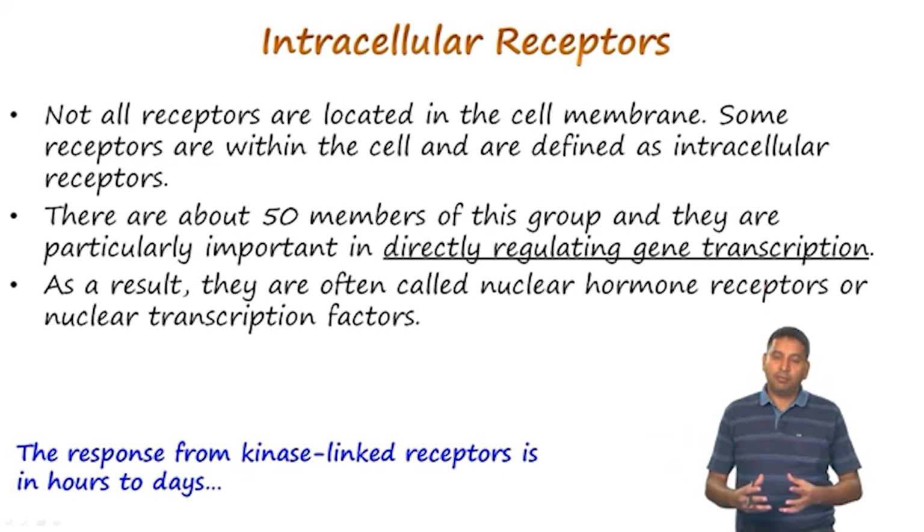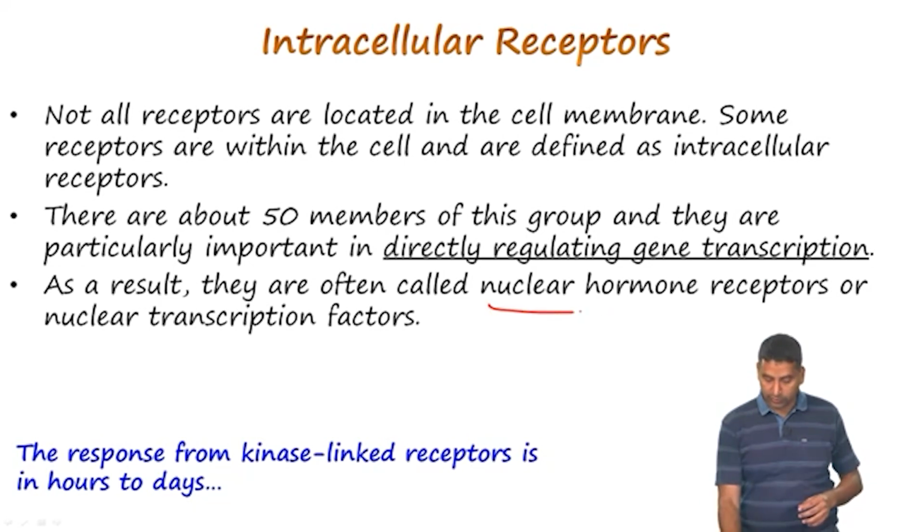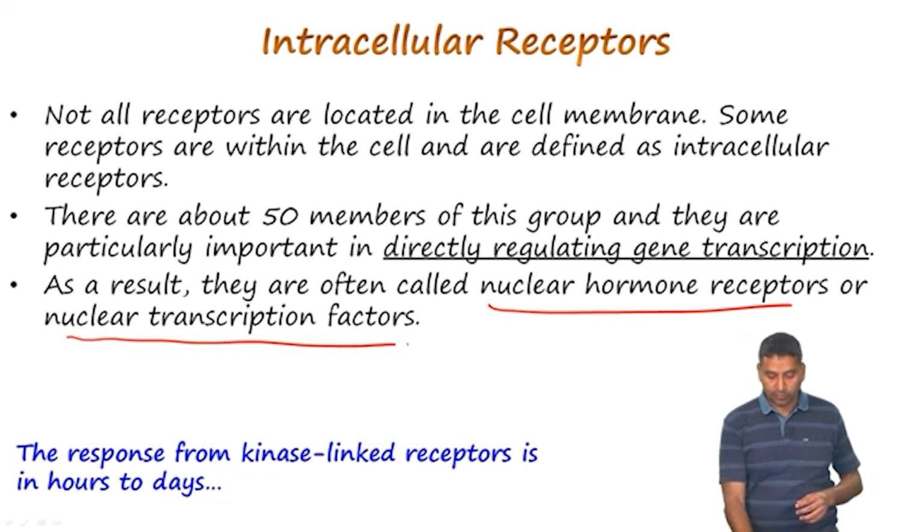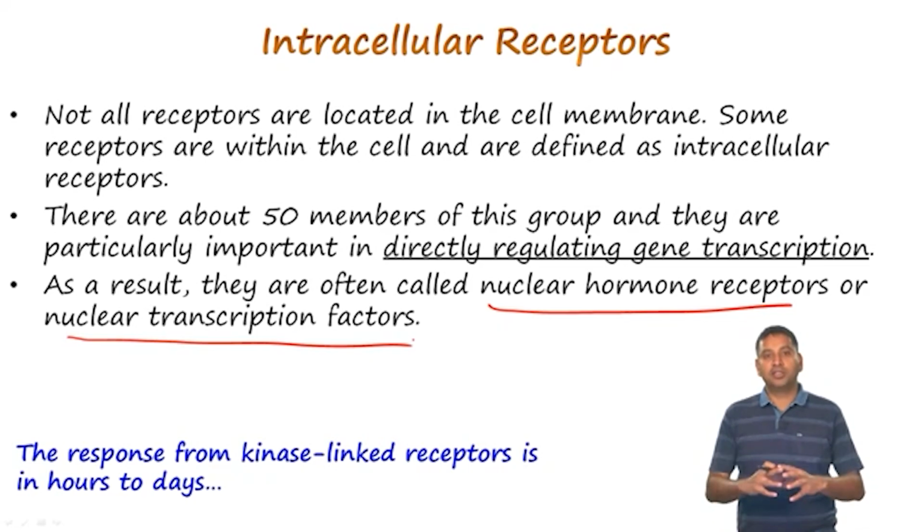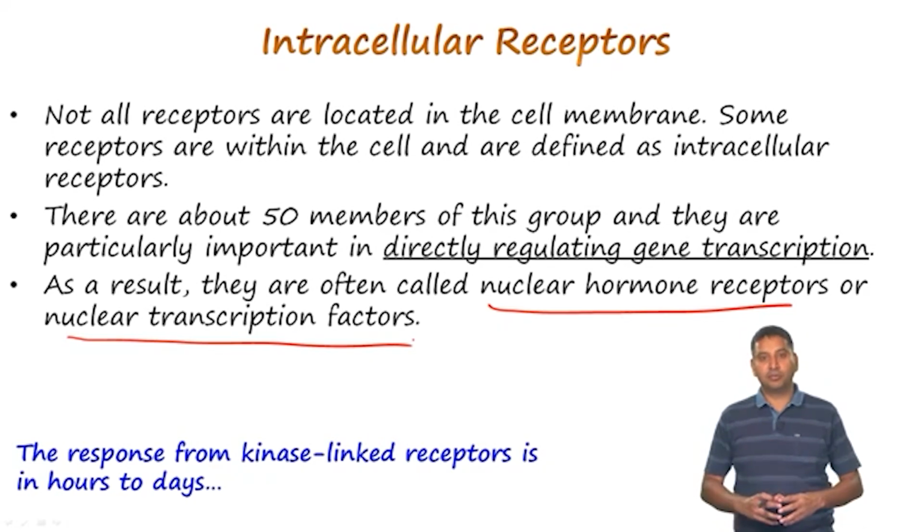So, to recap, gene transcription is nothing but a process wherein something goes and binds to a DNA inside the cell and initiates the transcription process. So, these are sometimes called nuclear hormone receptors or nuclear transcription factors. The response from these intracellular receptors is in hours to days.